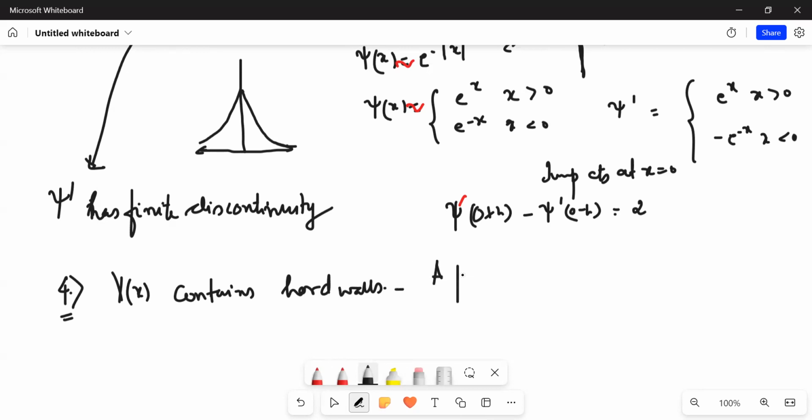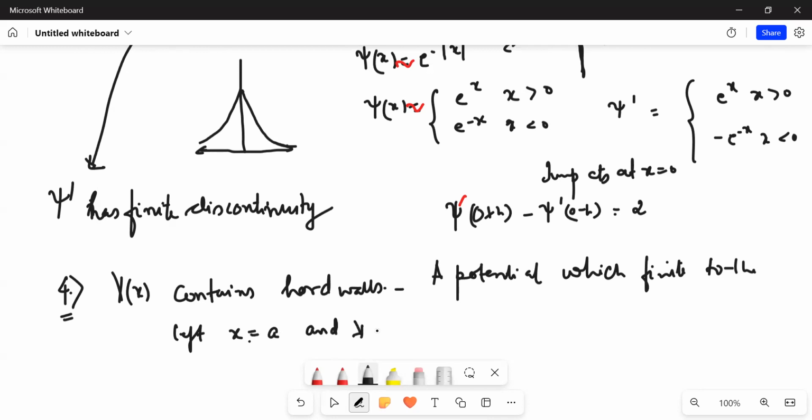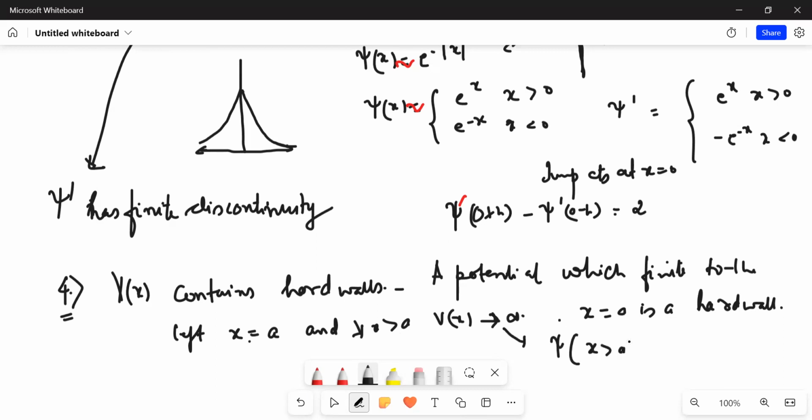I want to suggest that it is a potential which is finite to the left of some point, and for all x greater than a, the potential is infinite. Then we'll say that x equal to a is the hard wall. Since Vx is infinite, your wave function for all x greater than a would be simply 0.